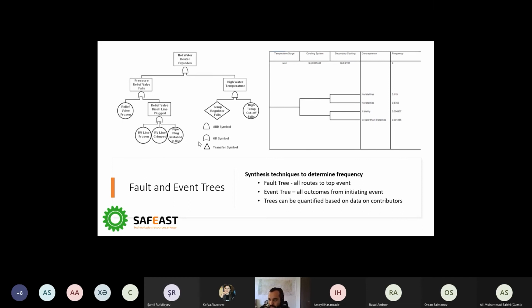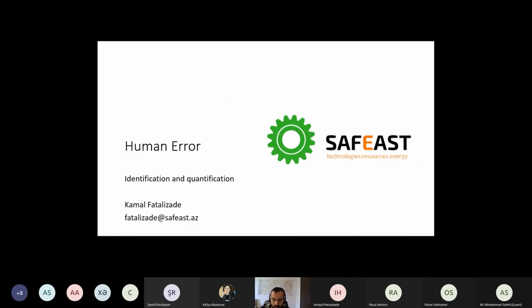So the transfer is simply saying that a certain part of the fault tree is continued somewhere else. It's not any mathematical or operational gate. It's not doing any calculation. It's just saying that it continues somewhere else. And I think now it should be more clear.